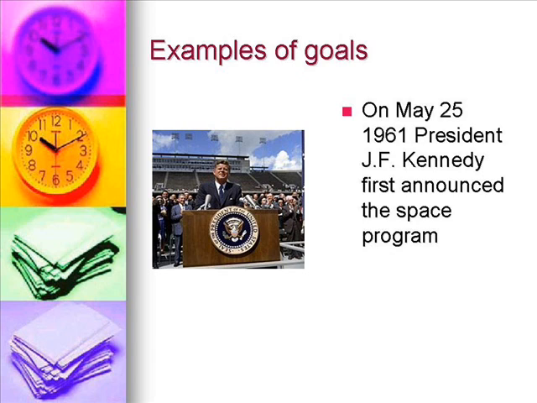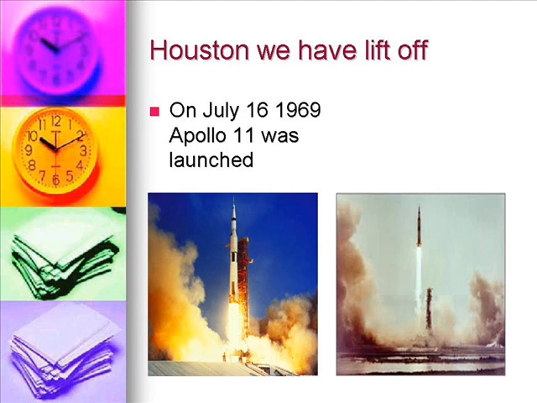Let us look at some examples of famous historical goals. President Kennedy first announced the goal for landing a man on the moon in a speech to a joint session of Congress on May 25, 1961. I quote, "First, I believe that this nation should commit itself to achieving the goal, before this decade is out, of landing a man on the moon and returning him safely to the earth."